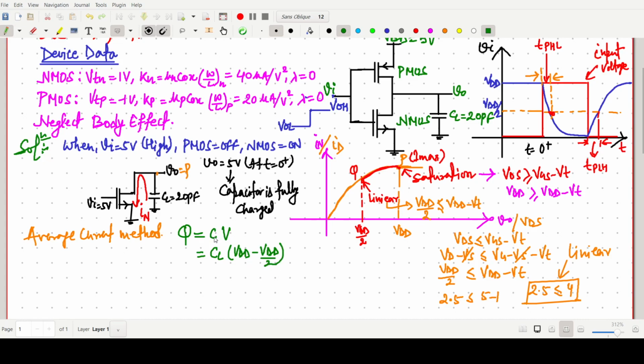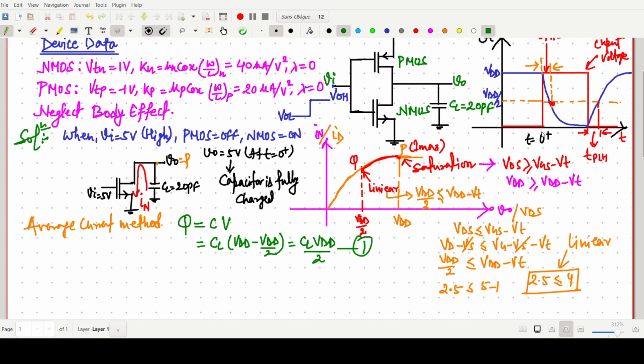So the charge during that instant will be CL VDD by 2. Consider this as equation number 1. The charge stored in the capacitor during that time will be CL VDD by 2 when it goes from VDD to VDD by 2.